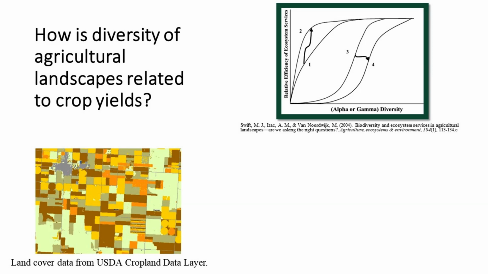This information provides a picture of the land cover and land use across the lower 48 states on an annual basis, where the surface is divided up into 30 meter by 30 meter squares, and each square is individually classified as a different type of land cover.